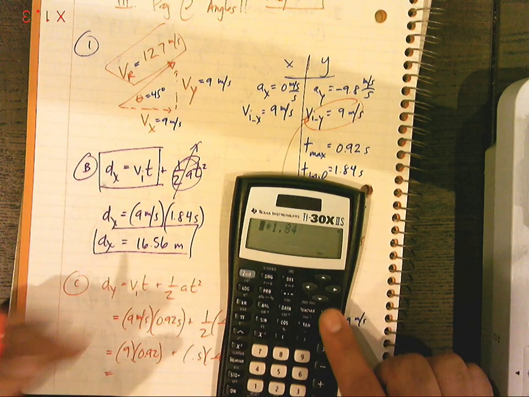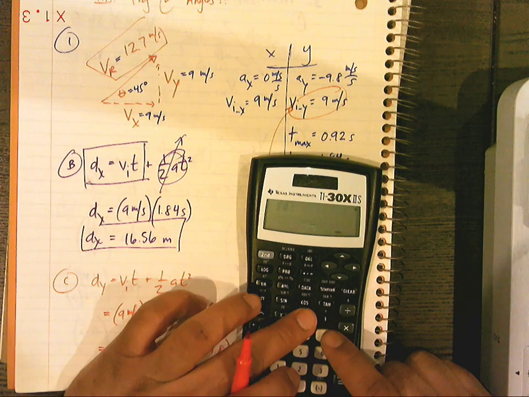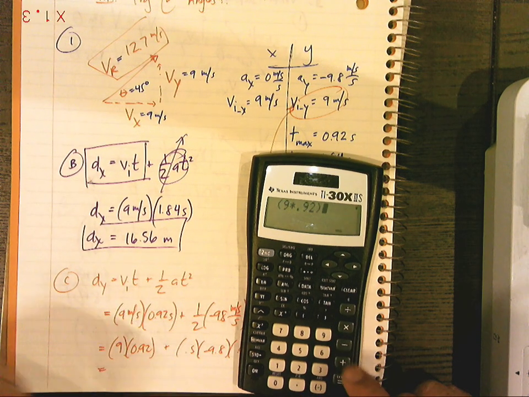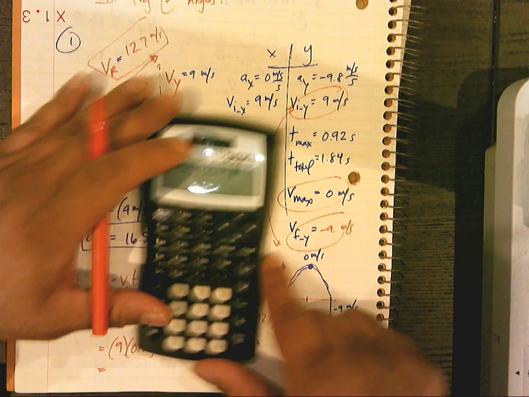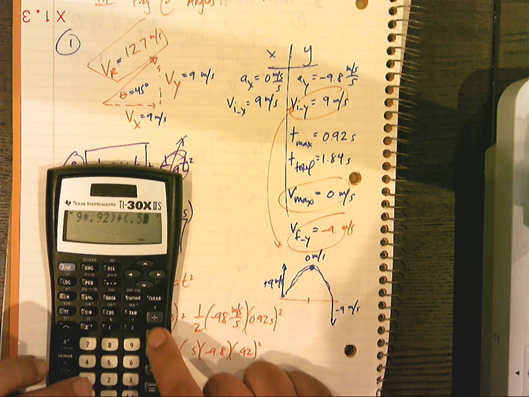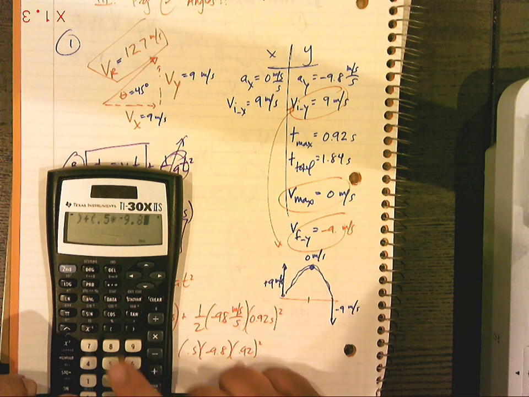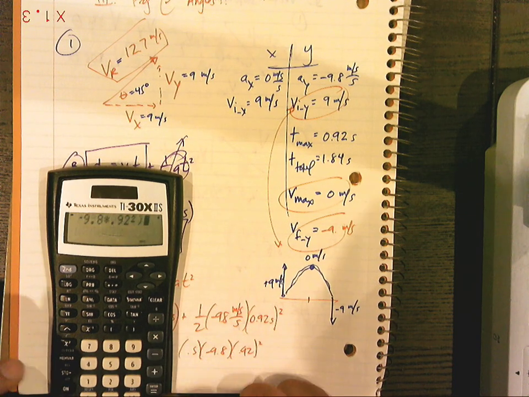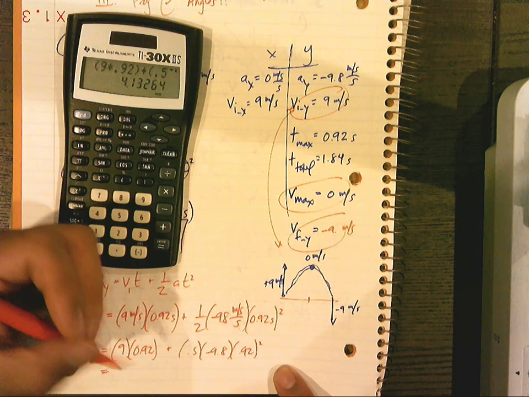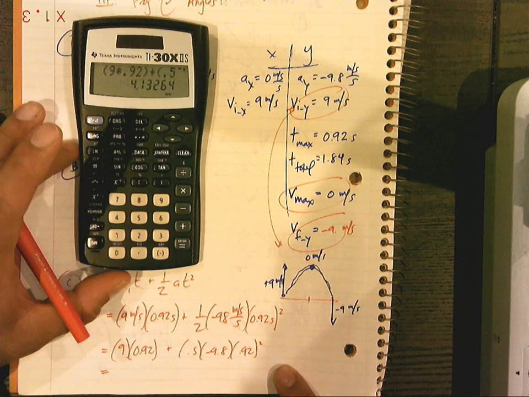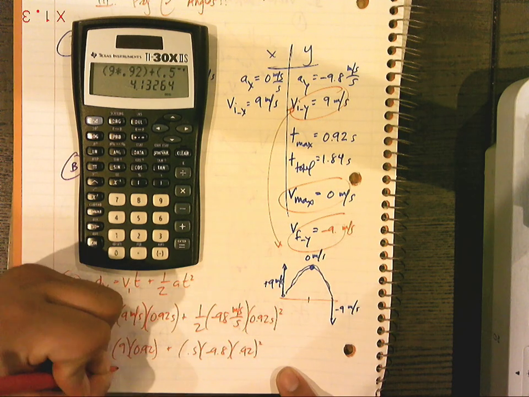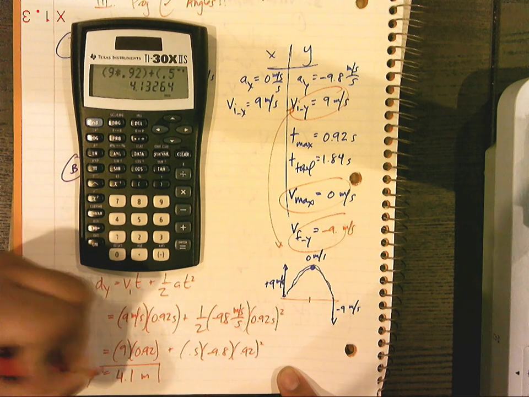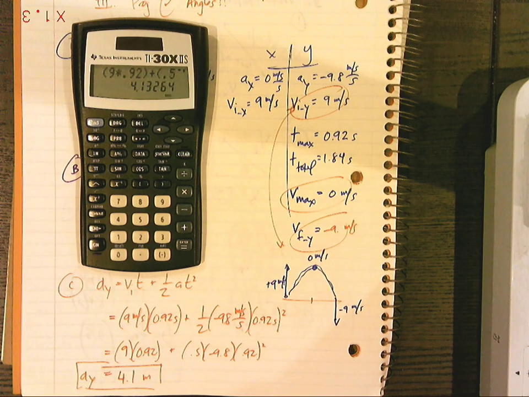If you can see it from here, I just do it as is: 9 times 0.92, parentheses, plus another parentheses, 0.5 times a negative 9.8 times 0.92 squared, close parentheses, and I get, sadly, this ball only goes 4.1 meters in the vertical, in the y-axis. That's the max height.